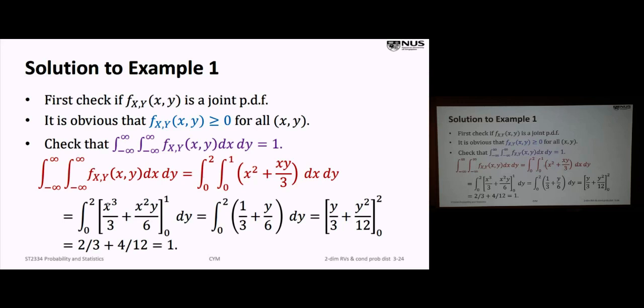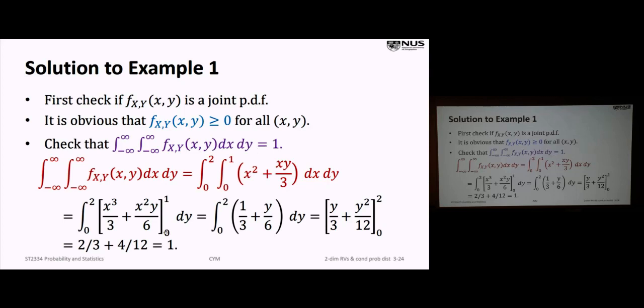Similarly, if I differentiate the other term partially with respect to x, I get 3x squared over 3, which is x squared. So this is just an ordinary integral with respect to x, and y could be anything, but it's constant for the purposes of integration with respect to x.